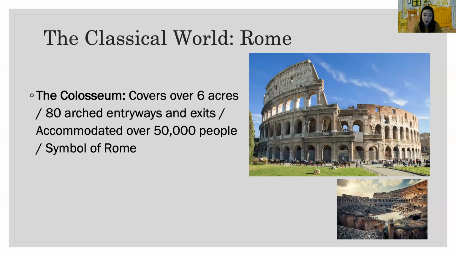Their most famous monument is the Colosseum. The Colosseum covers over 6 acres, has 80 arched entries and exits, and accommodated over 50,000 people. This is the inside. It is truly a symbol of Rome.